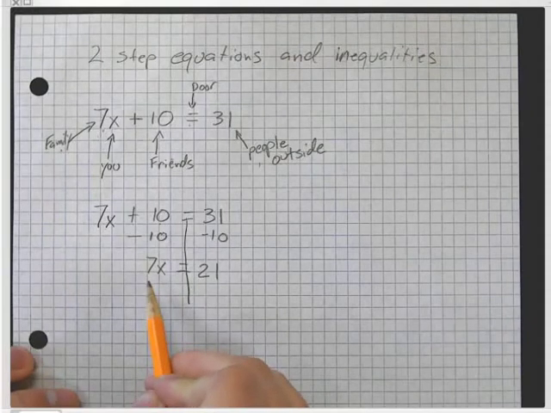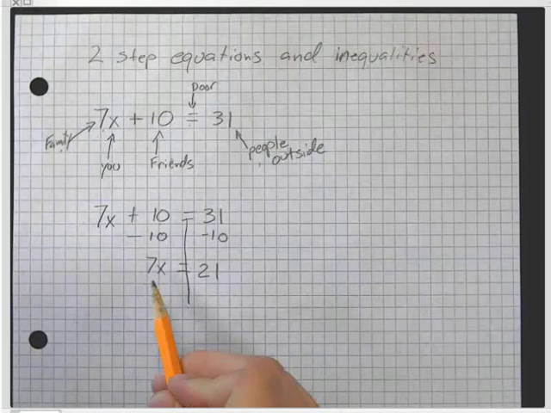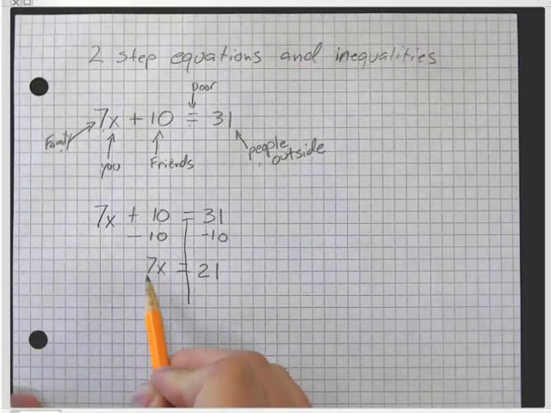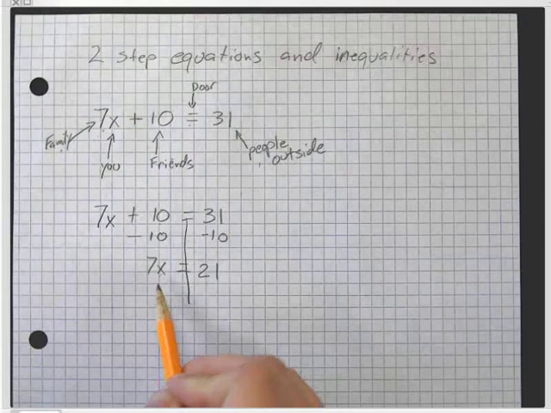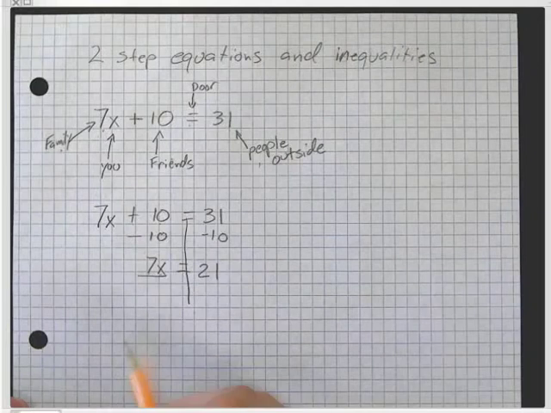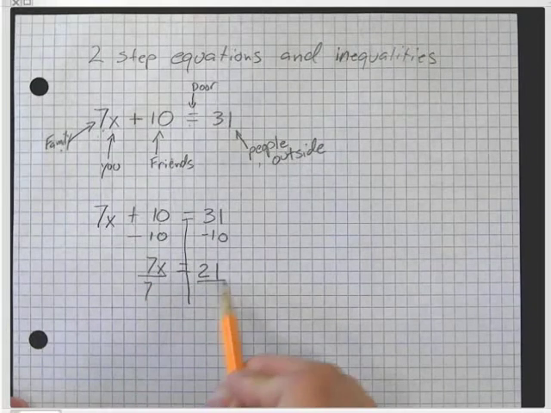Alright, so to get the family out, just like you got your friends out, you have to use the inverse operation. Alright, when there's a coefficient pushed up against a variable like this, it means to multiply. So we have to use the inverse of multiplication to get rid of your family. Alright, so you're going to divide both sides by 7.